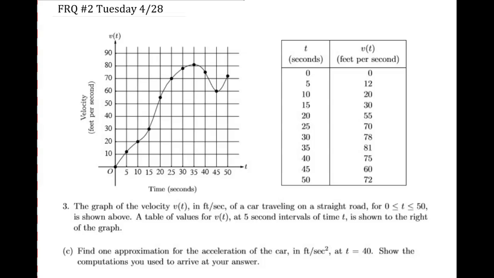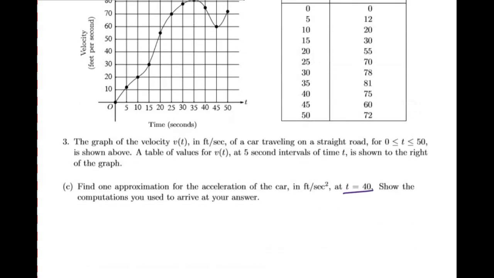Part C. Find one approximation for the acceleration of the car at t equals 40, and we have to show our work. So essentially, acceleration at 40 is going to be equal to v prime of 40, the instantaneous rate of change of velocity at 40.